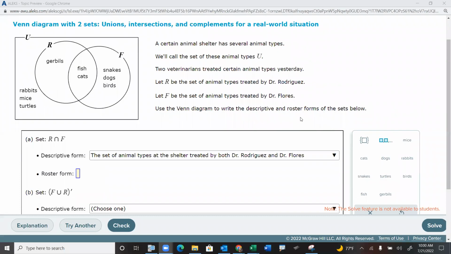So what would that look like? Well, F union R is just everything in F or R, but the complement of that would be everything that's not underlined. So rabbits, mice, turtles, that's it. That would be everything in the set F union R complement.